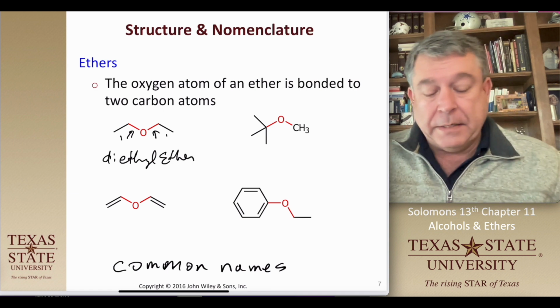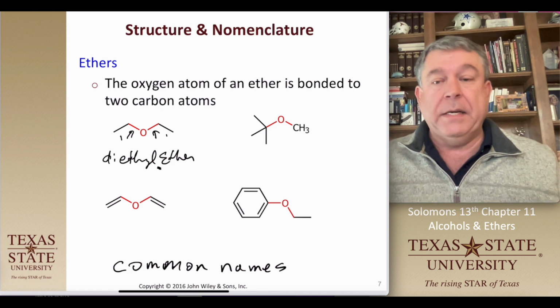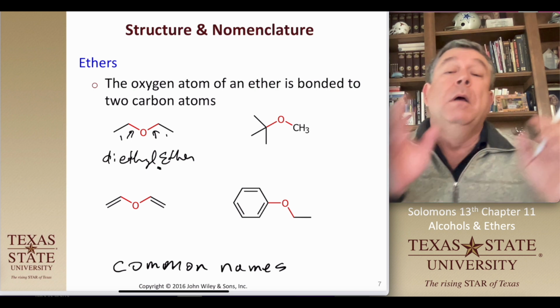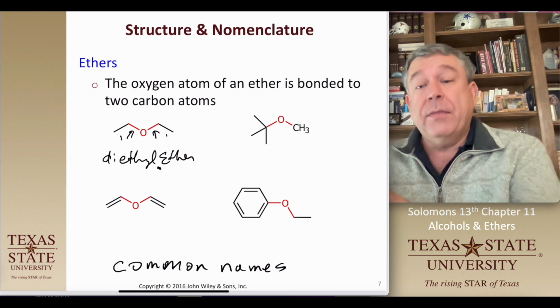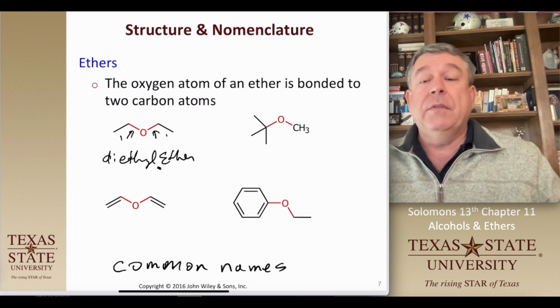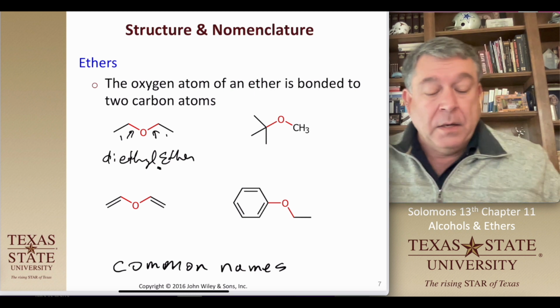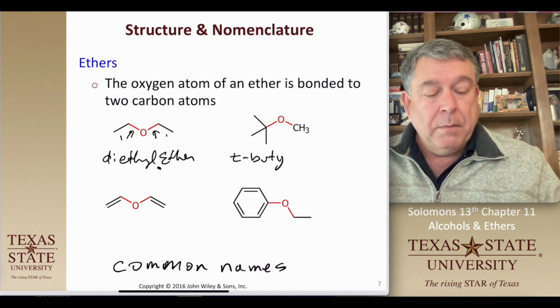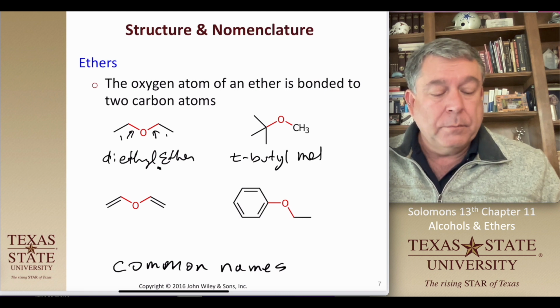Okay, and notice there's a gap right here. They don't string together because when you name common names, they're going to have basically what the alkyl groups were plus what it is. So you'd have ethyl alcohol, or in the case of this, you'd have diethyl ether. So here we'd have tert-butyl methyl ether.